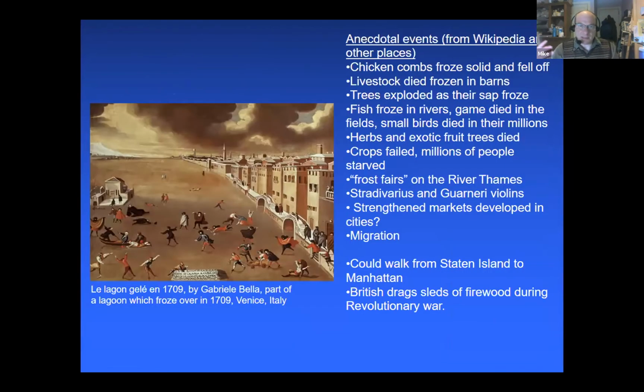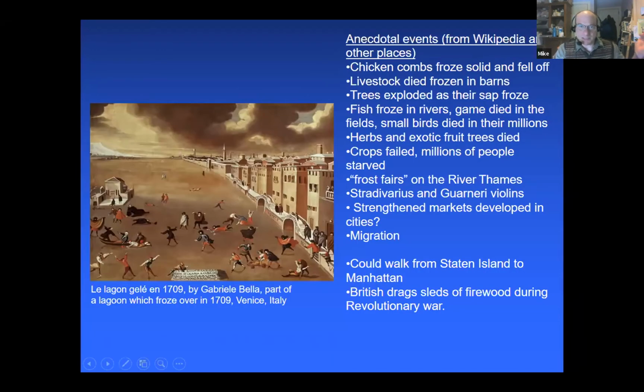So some of the incidental events that you could find on the internet, you can see them on Wikipedia, and they often cite references, or I've found them in some of the books I just showed you, happened over the last few centuries. Livestock dying from freezing a lot more than in the last few decades.